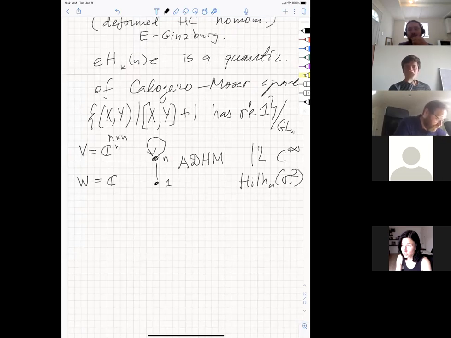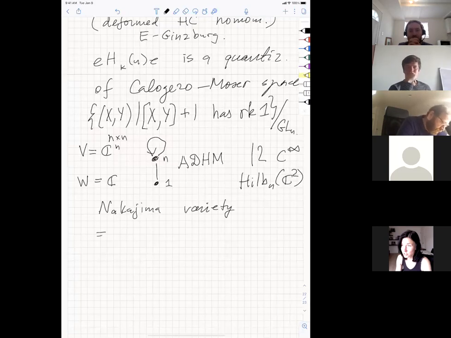quantization of this. So this means that when I set that parameter t, which I said was the Planck constant, to 0, that's what I will get. And this variety is obtained because it's a quiver variety. So this is a Nakajima variety.